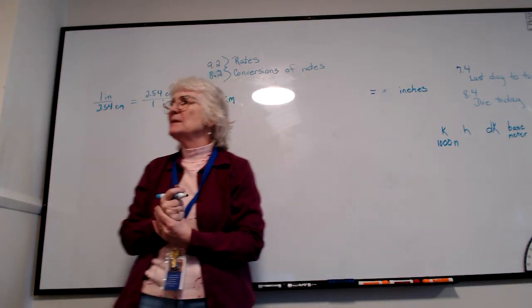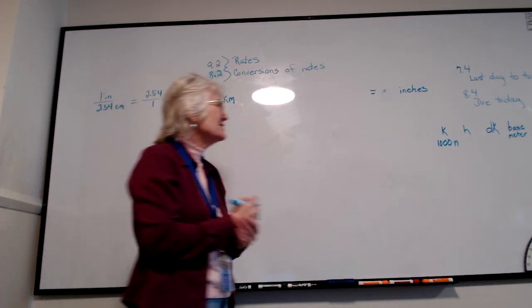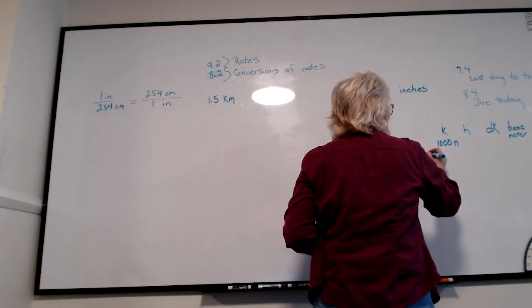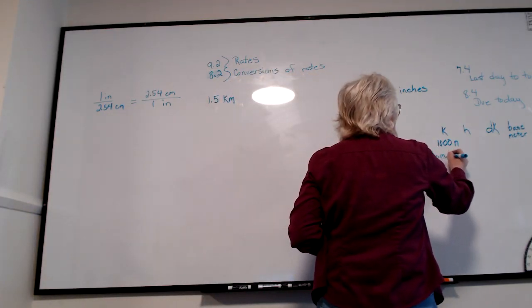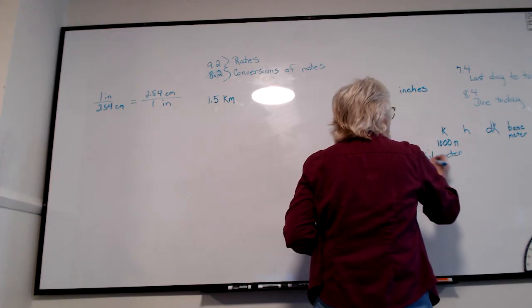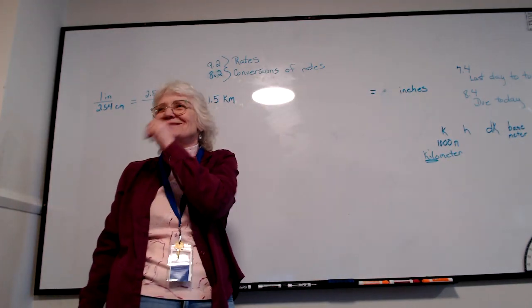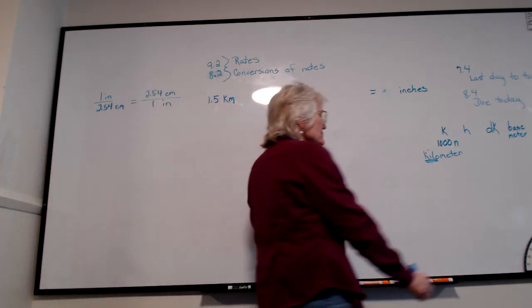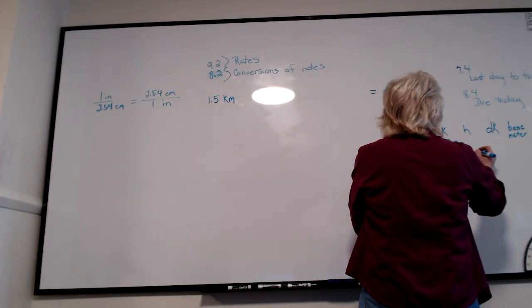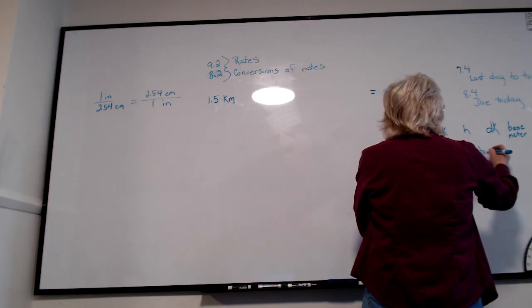Is that DK? Yes, a decameter. Okay, so this is called a kilometer. The word kilo means 1,000. Sorry, I just went backwards. This is called hectometer. It's another word for 100.